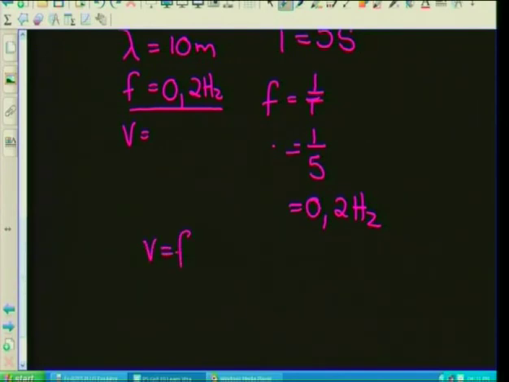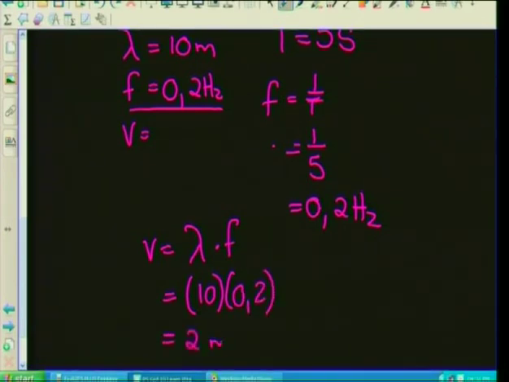Velocity is wavelength times frequency. So we have 10 times 0.2, and that gives me 2 meters per second. It's actually quite a slow wave in reality. When we look at it in big terms, it's quite slow, but that's okay.